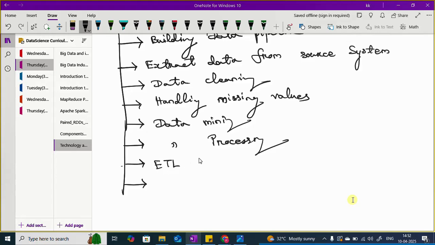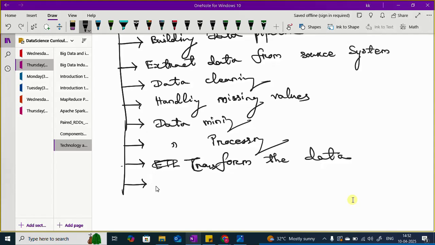So basically, ETL takes care of the extract, which obviously we have done. Then transformation. Let me put transformation: transform the data, all the transformation logic they have to implement.